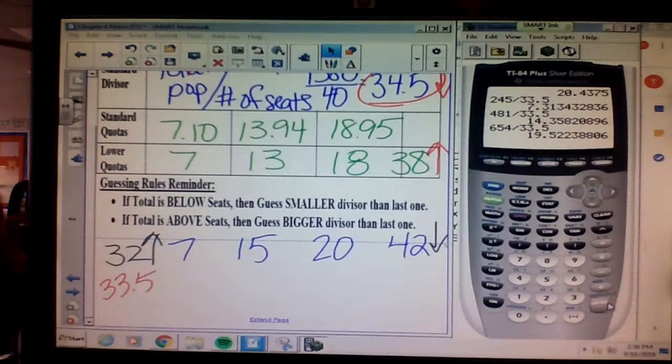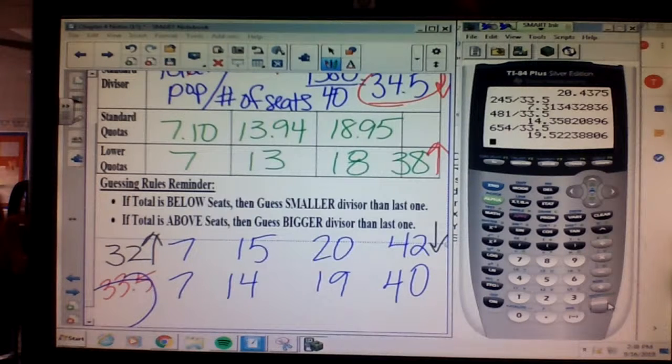That's a good guess right there. So we're at 7, 14, and 19. We're at 40. So my modified divisor is 33.5, and I'm giving away 7, 14, and 19.